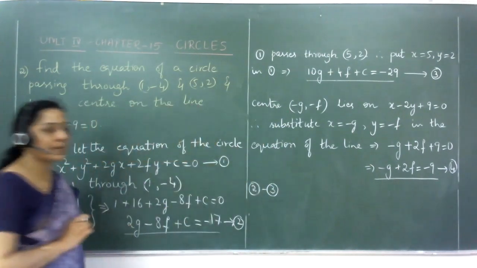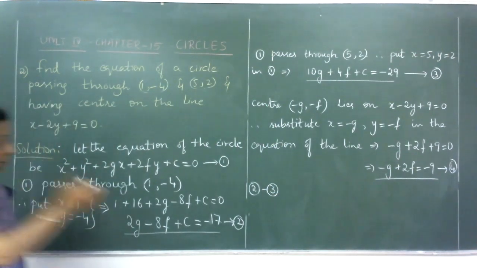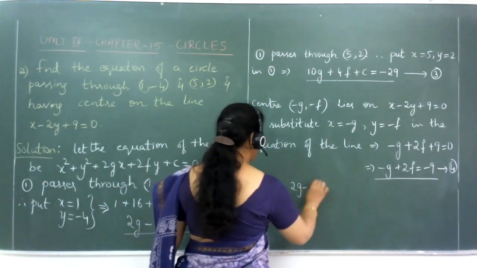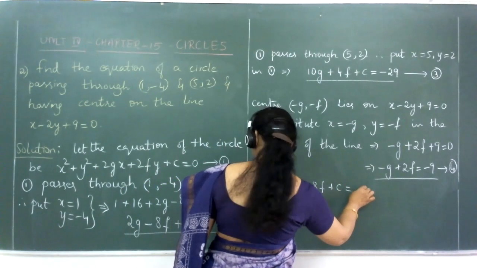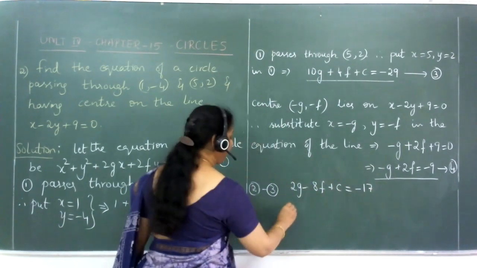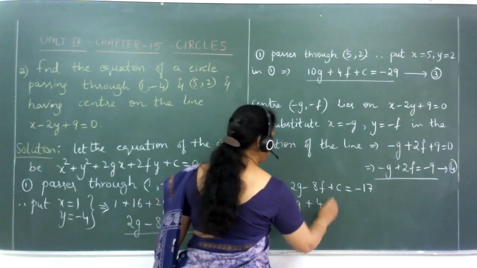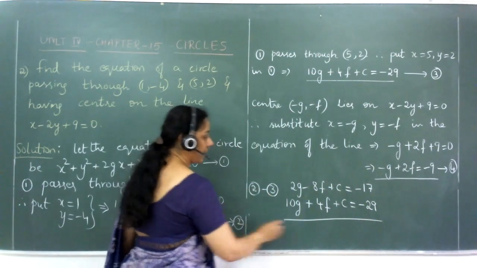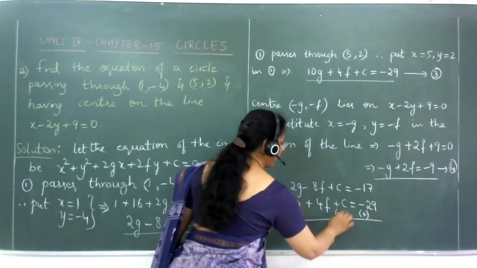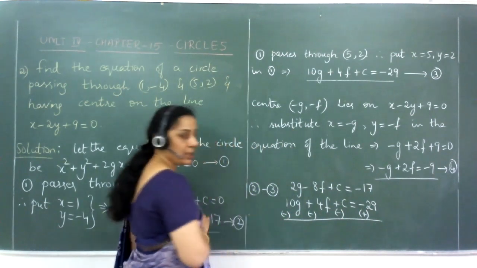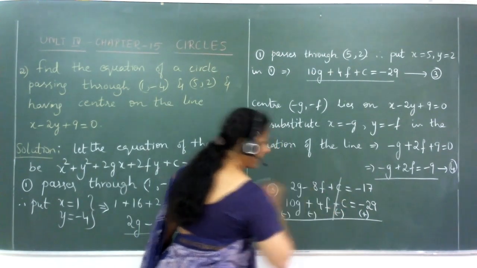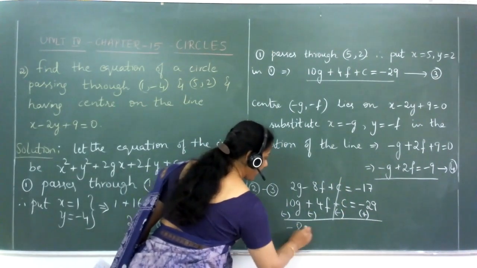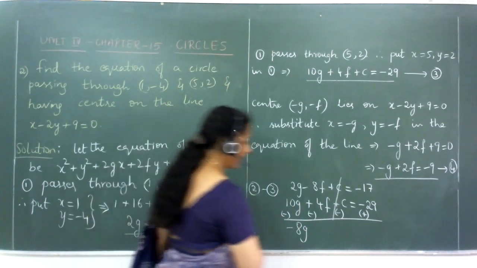Towards that, we will be subtracting equations 2 and 3 now. When I subtract equations 2 and 3, you have 2g minus 8f plus c is equal to minus 17, 10g plus 4f plus c is equal to minus 29. You are subtracting. So sign in the second equation for every term has to change there. Alright. And now we can see c is getting eliminated. 2g minus 10g gives me minus 8g.